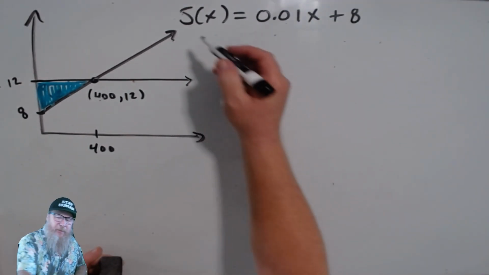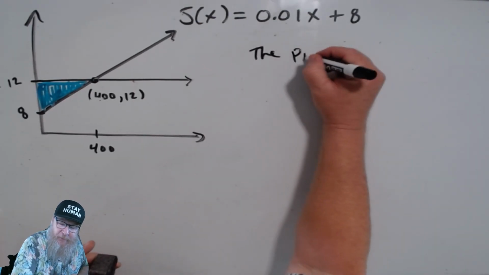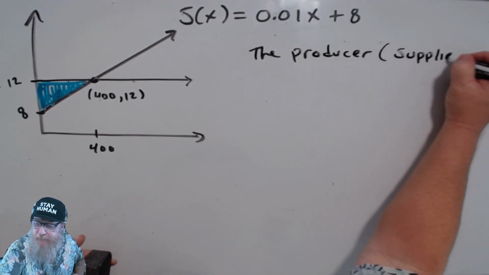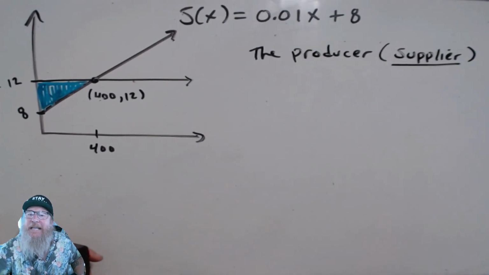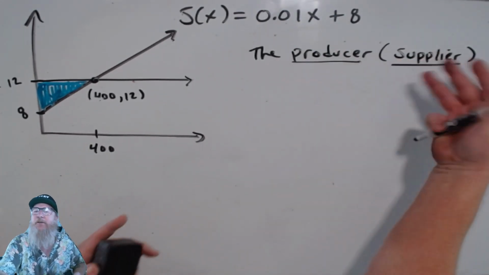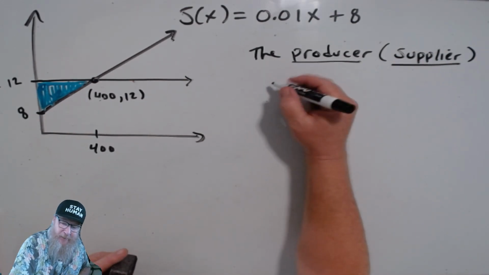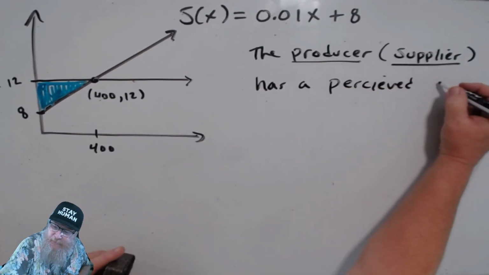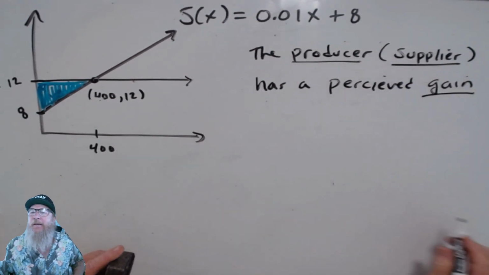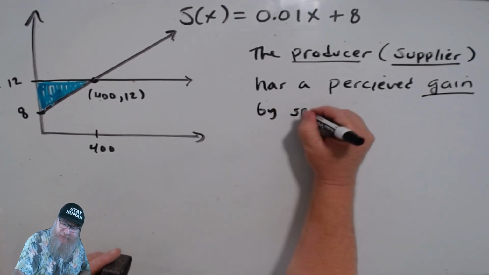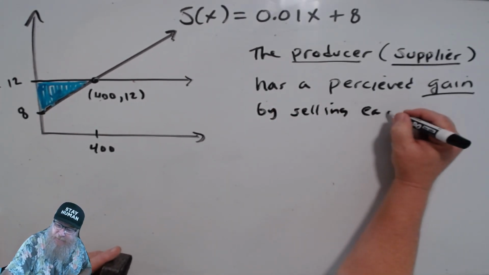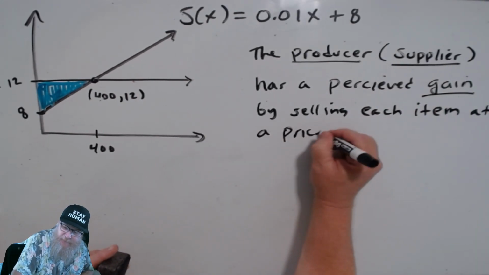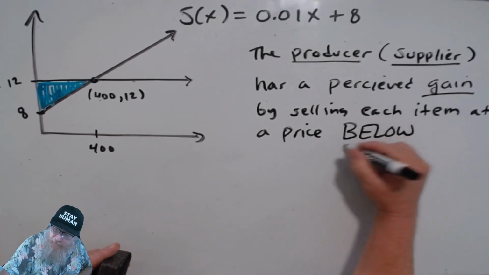Well, the supplier or the producer, also called the supplier, or the dealer, they're the ones producing or supplying the product, has a perceived gain by selling each item at a price below equilibrium.